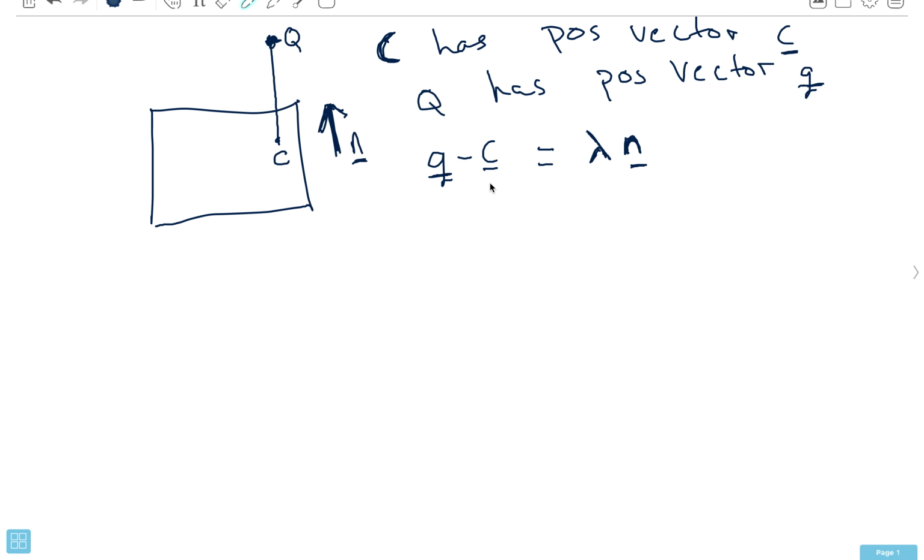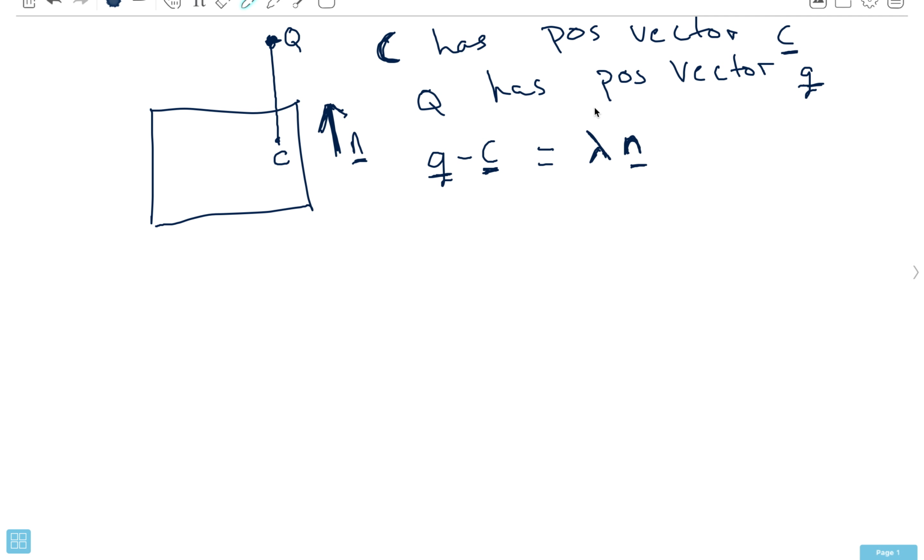Now, what do we actually want? Remember, we're trying to get the distance, this distance. So what we really want is the length of q minus c. This will be whatever this number is, multiplied by the normal vector. But we have no idea what this number is.